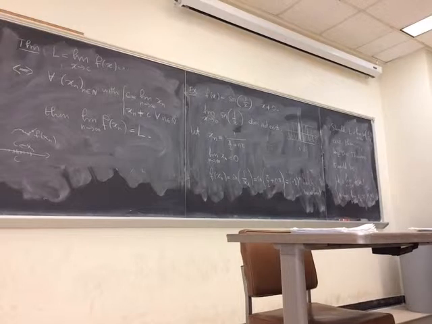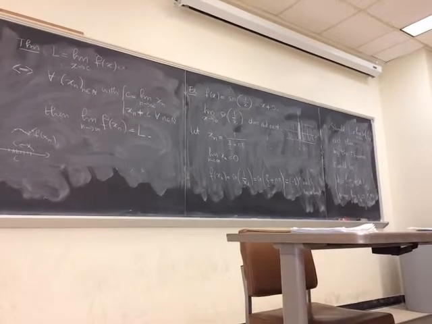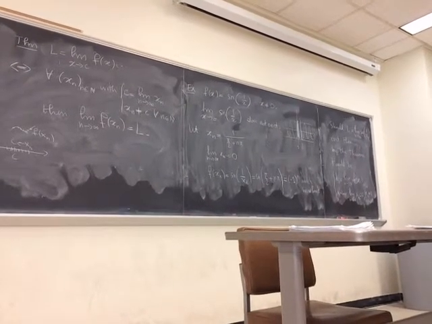And that's exactly what we have up there, right? So we have a sequence that goes to 0, never being 0, and if I compute f of x_n, there is no limit.